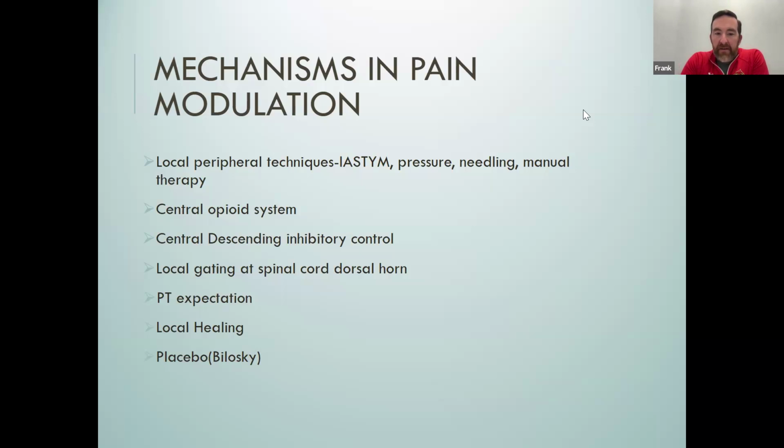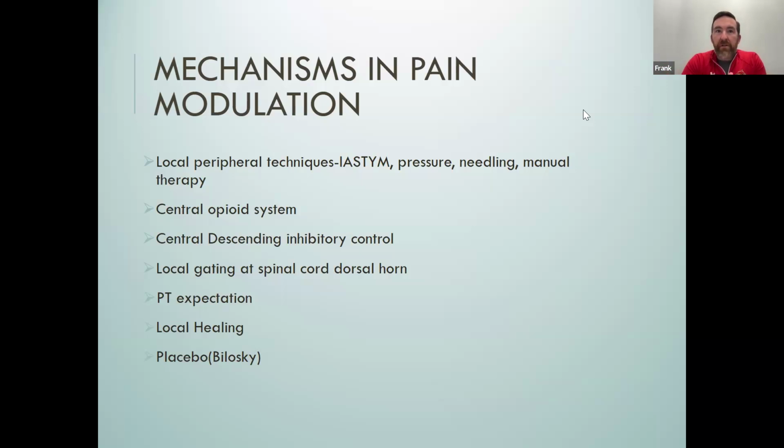You have that local gating at the spinal cord and dorsal horn. Patient expectation is another huge piece of it too, which we'll get into in later modules. Part of the whole experience is the framing of it. So the education, the routine of it, and having that overlay is crucial.